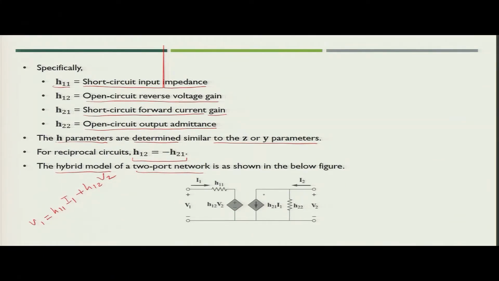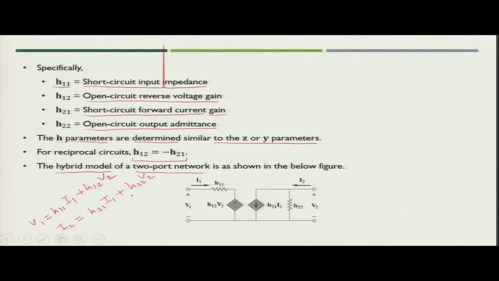Now here it is a parallel combination, so you can straight away utilize the nodal analysis. If you use Kirchhoff's current law, what will you get? You will get I2 is nothing but the dependent current source, so you can simply write H21 I1 plus H22 into V2.